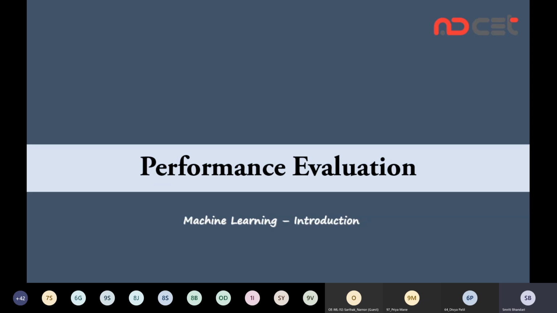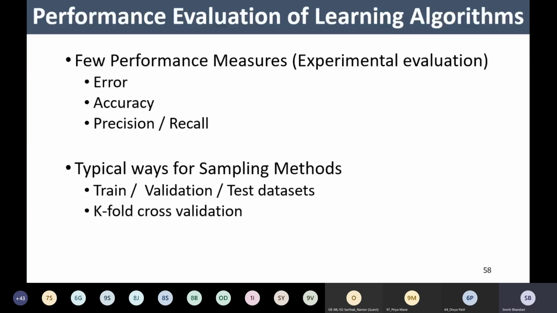We come up with some hypothesis based on that data, right? So what next? How good that hypothesis is, how good my target function is, that is what I need to assess. And this is what we mean by performance evaluation in terms of machine learning algorithms, right?